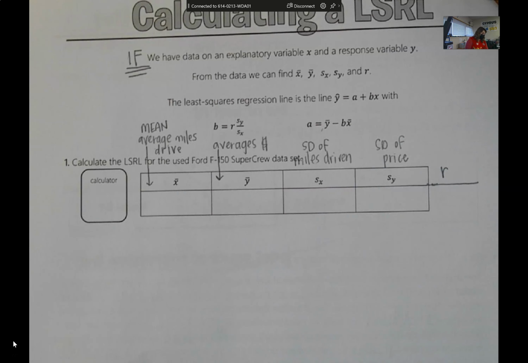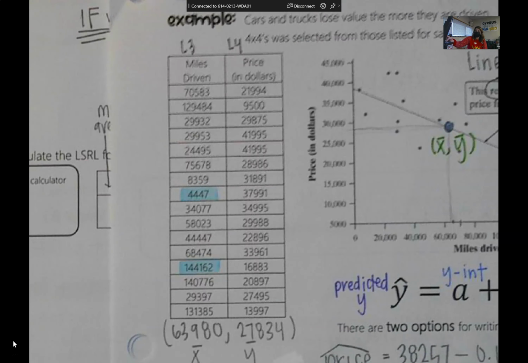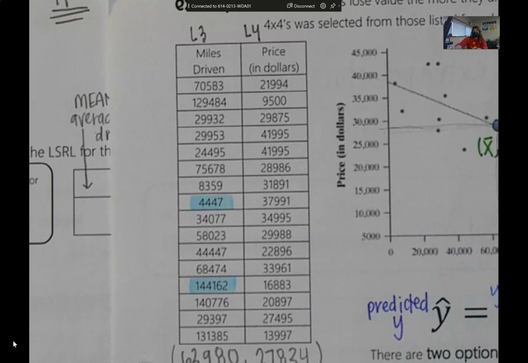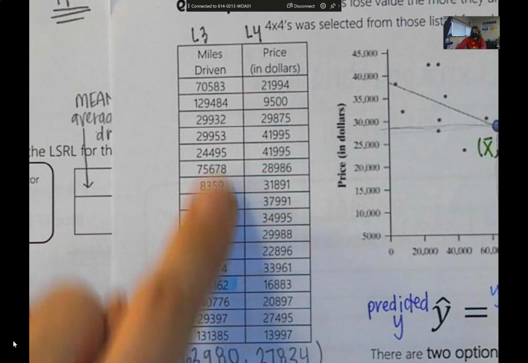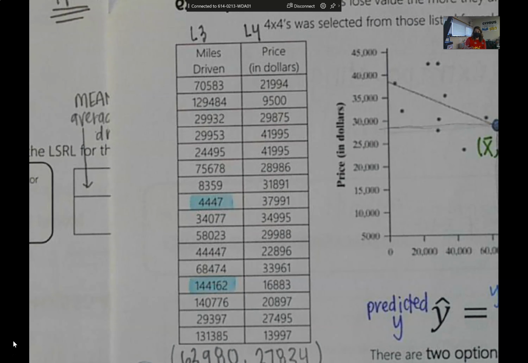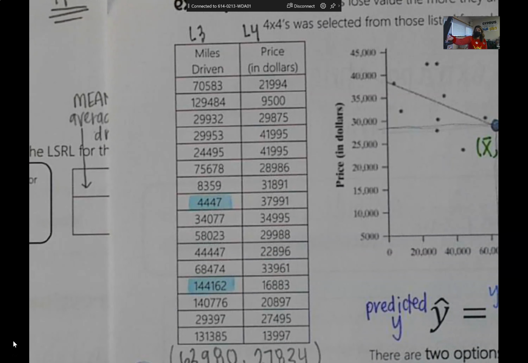So the data is on this regression line lesson. I'm going to freeze it on my screen for you, but I would recommend that you find it and be able to touch it so that when you calculate it, you're getting accurate values, because if you just use my screen, I feel like you might mess up. But you're welcome to.